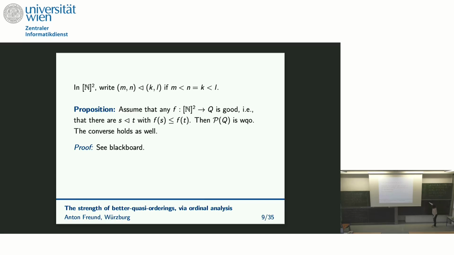So conversely, we now prove the contraposition of the other direction, so we assume that f is bad. And we want to show that in this case, the power set is not well-quasi-ordered.